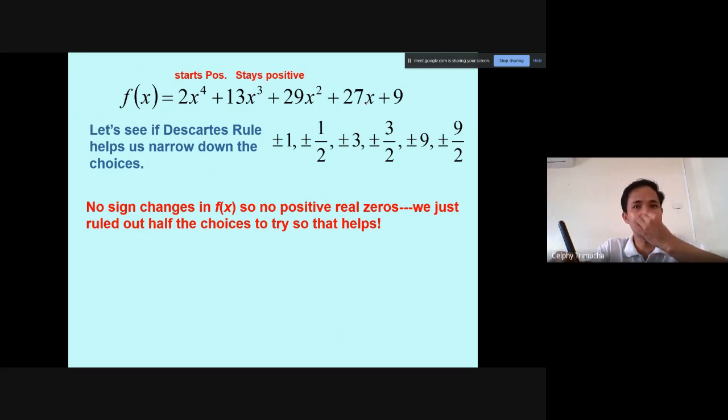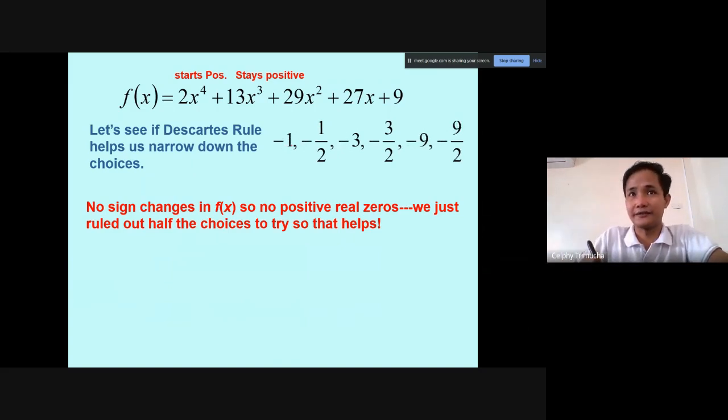So no sign changes, which means there are no positive real roots. That means we just ruled out half of our choices. Imagine we eliminated all the positive ones. So our choices for the roots are narrowed down because of the help of Descartes' rule.